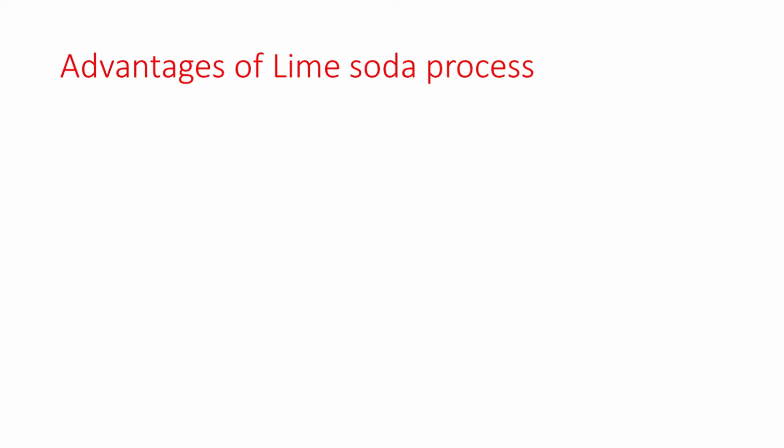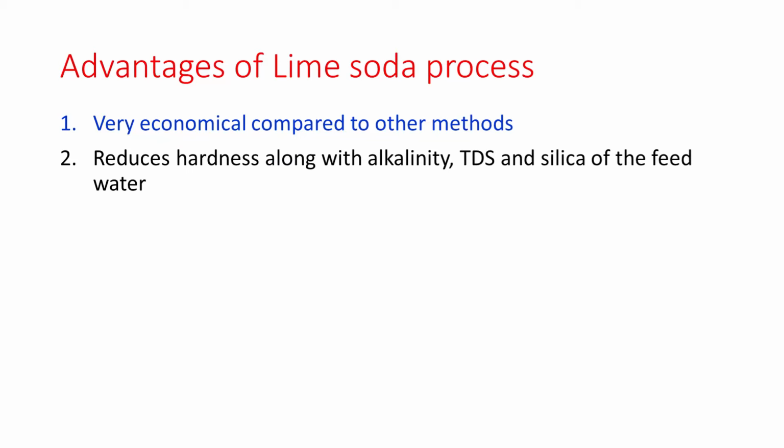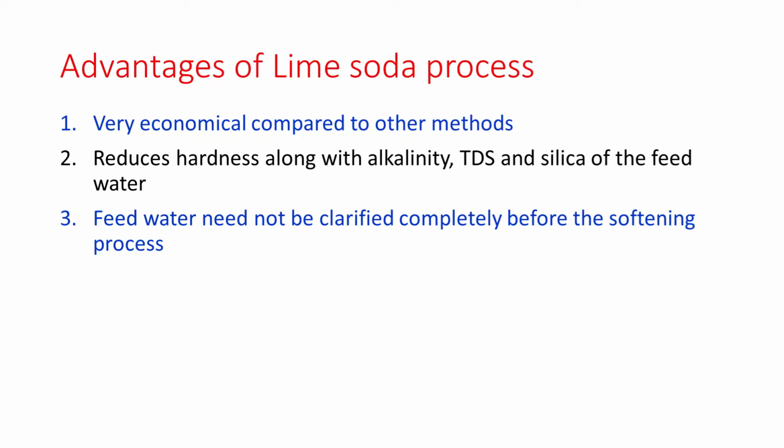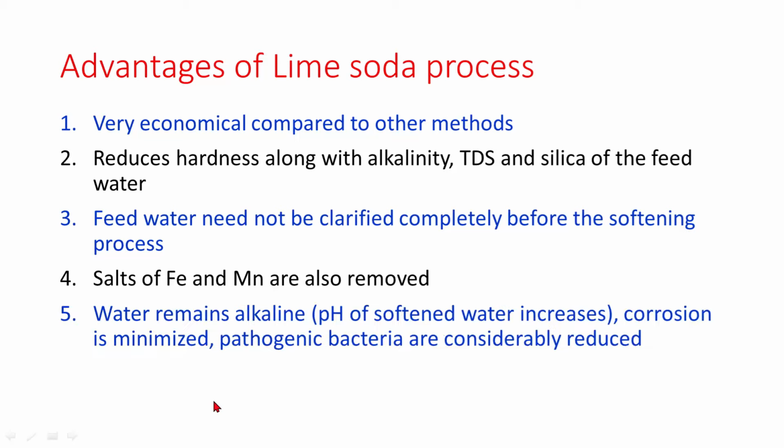Advantages of the lime soda process. It is very economical compared to other methods. It reduces hardness along with alkalinity, TDS, total dissolved solids, and silica of the feed water. Feed water need not be clarified completely before the softening process. Salts of iron and manganese are also removed.